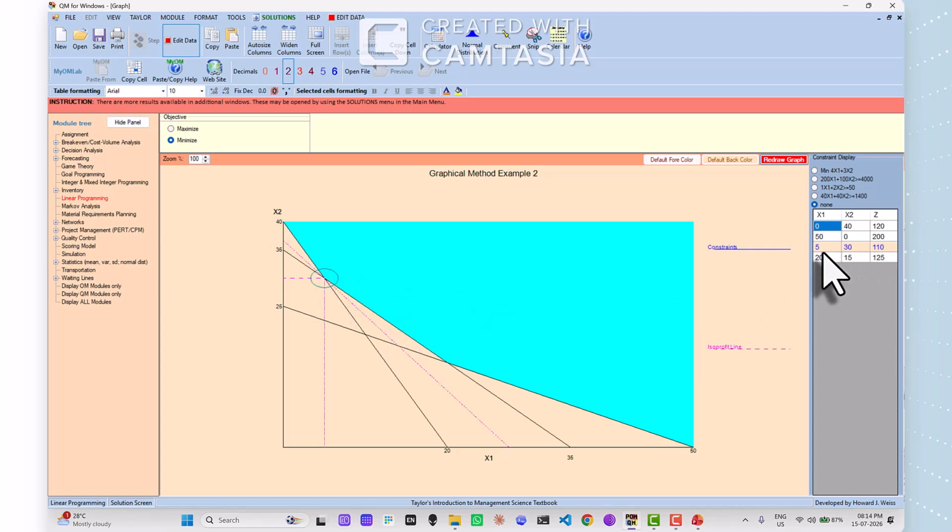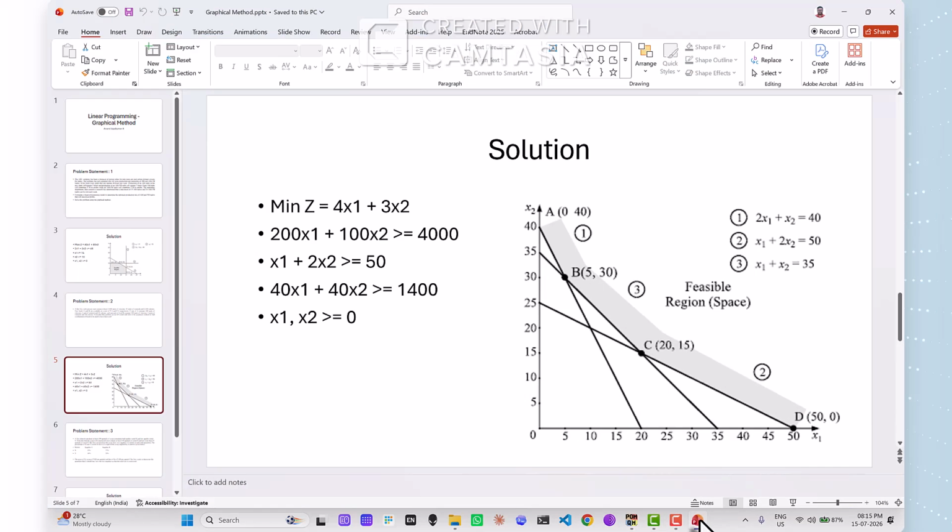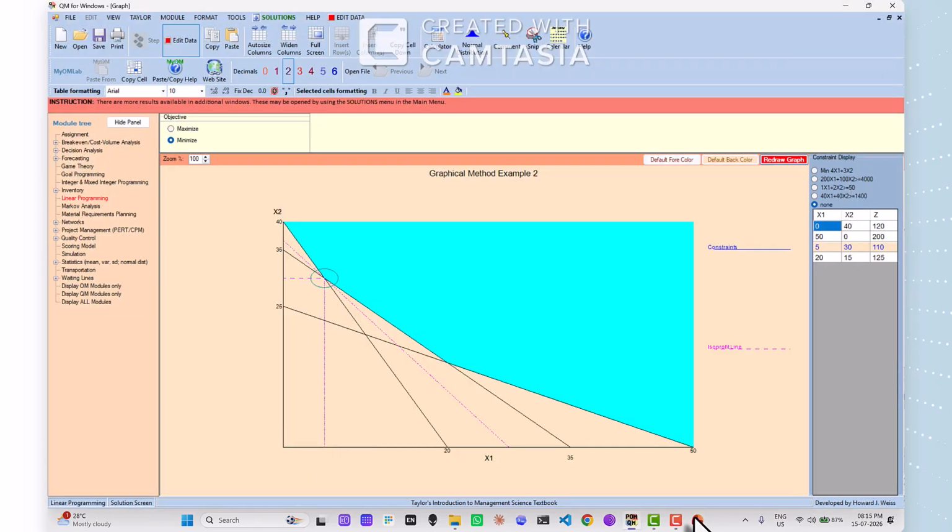So the best one is 5x1 plus 30x2 gives 110. Let us see. So these are the points over here. So this is a minimization kind of problem. So this is the minimum value which we are getting.